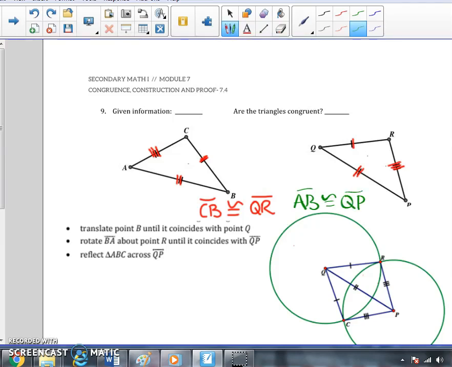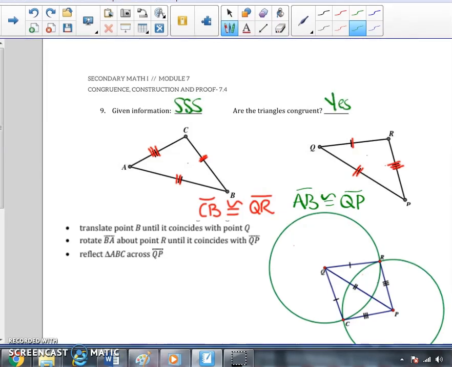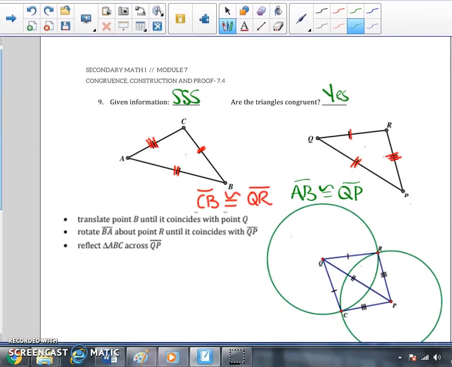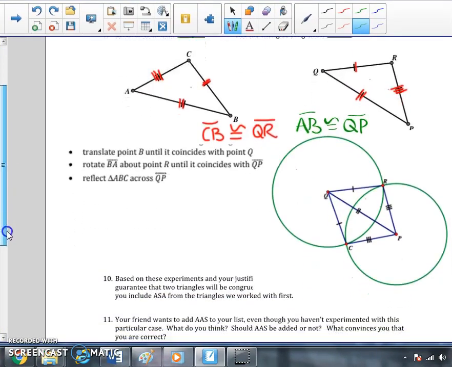And we saw that they did, and those two triangles overlap perfectly. So we would say that these two triangles are congruent by SSS, and we said yes. Okay, so we could physically see with our eyes in that tracing paper that they overlapped very nicely.